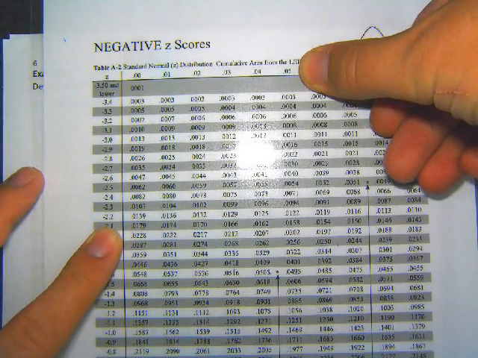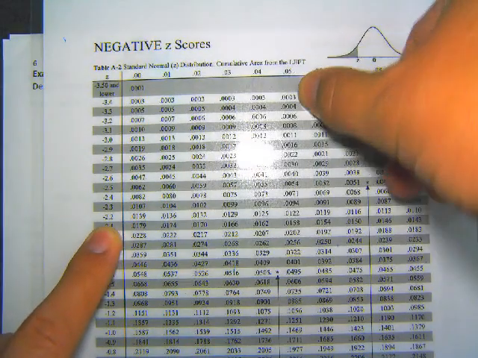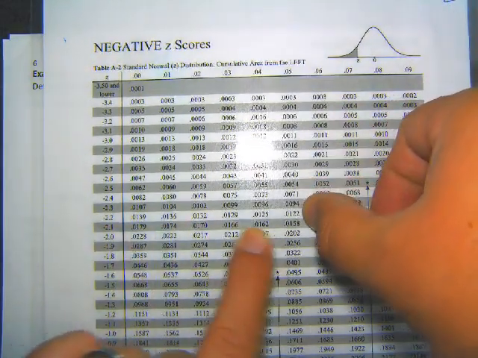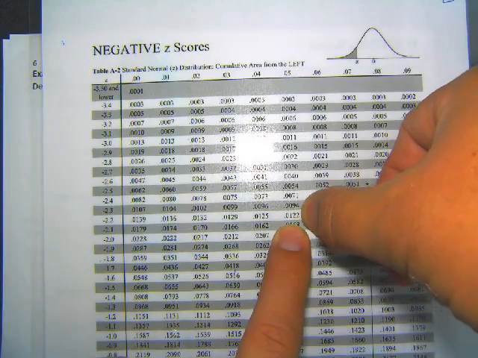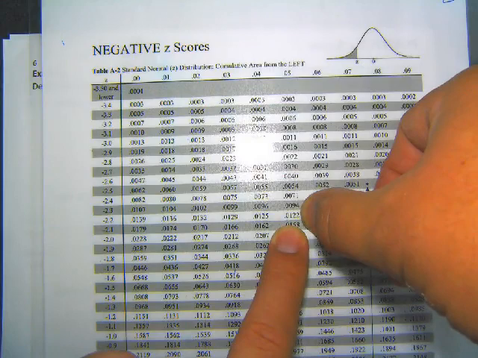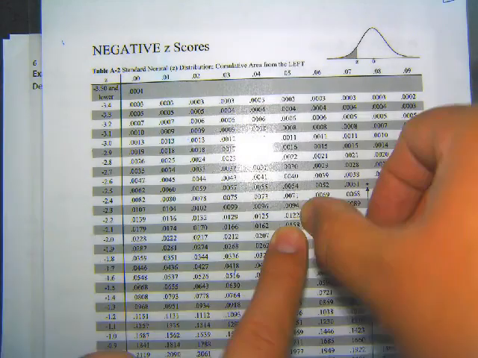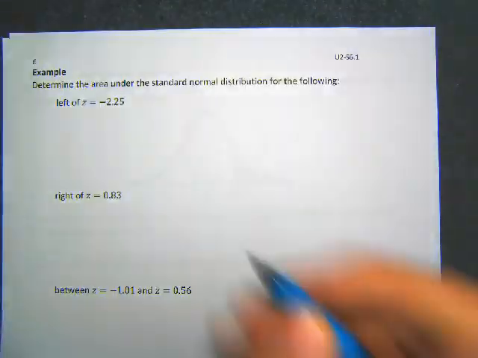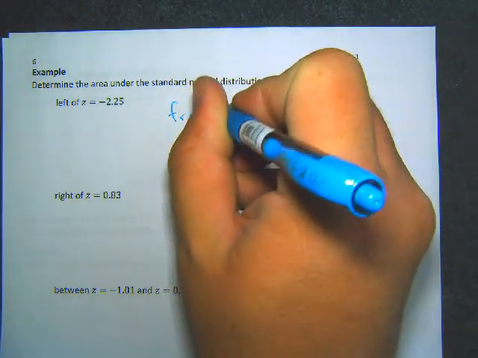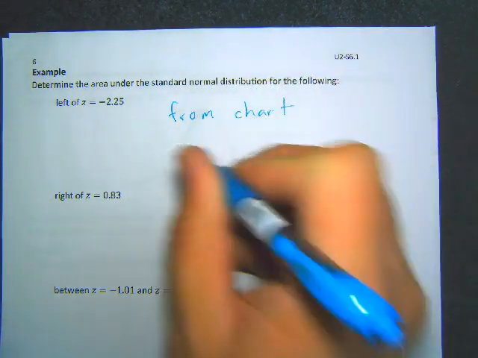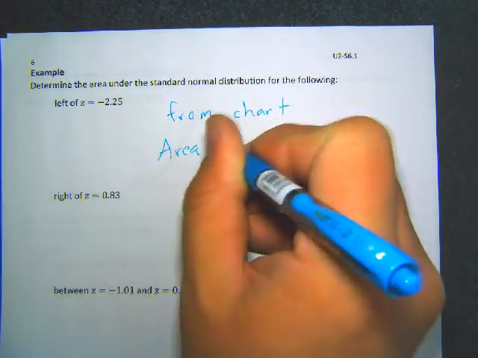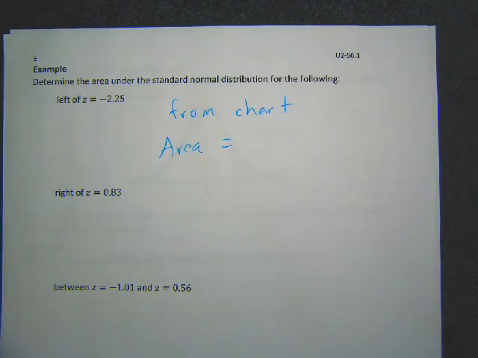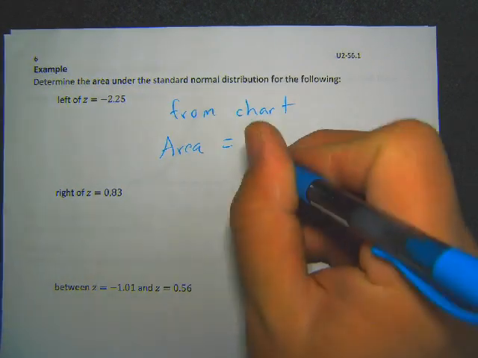So we can see that this one, negative 2.2 and 5, meets up there. So that's going to be negative 2.25. So the area to the left is going to be 0.0122. So from the chart, the area is going to be that 0.0122.